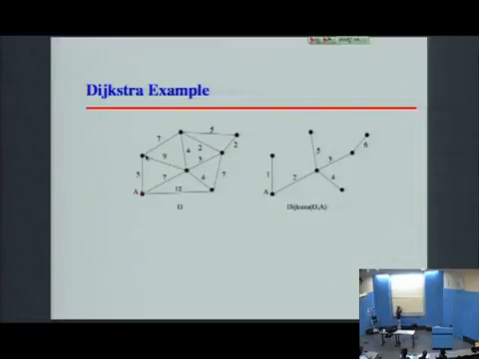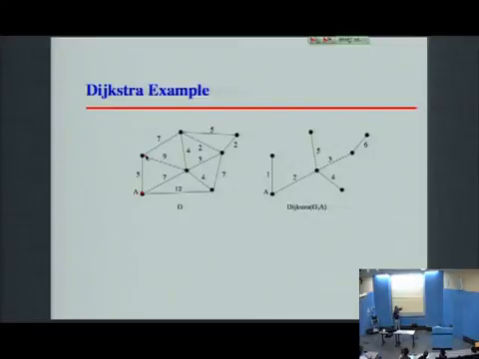Now, this I claim, let me add this thing. This here is a shortest path spanning tree. What do I mean by a shortest path spanning tree? Given the starting point, it defines the way for the shortest path to every other vertex. Does everybody see that?